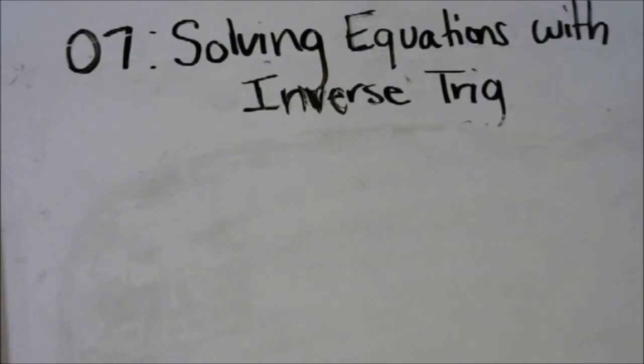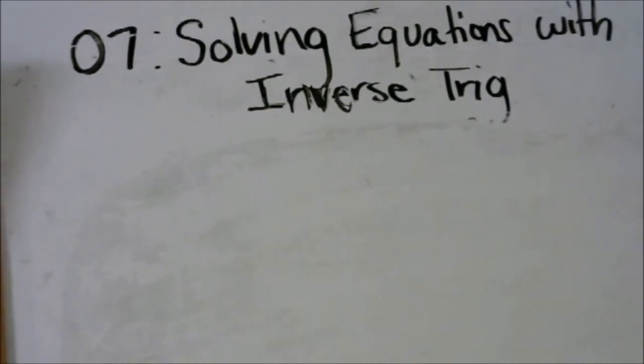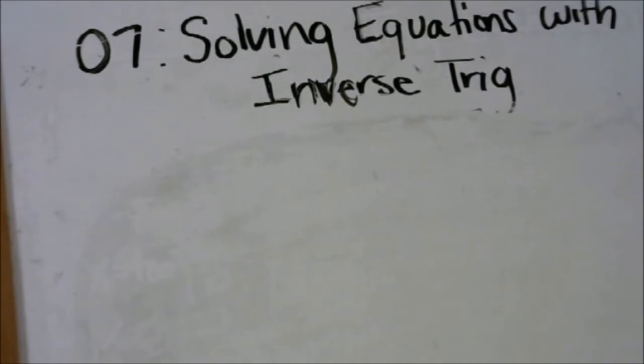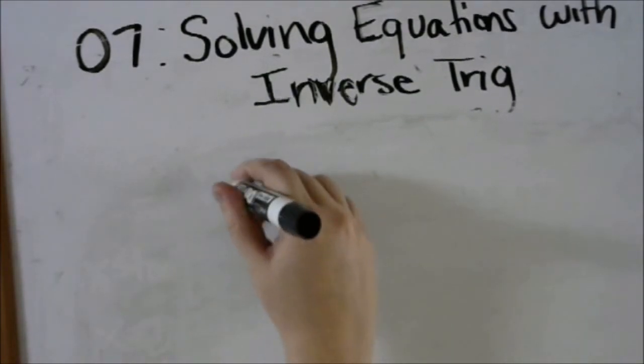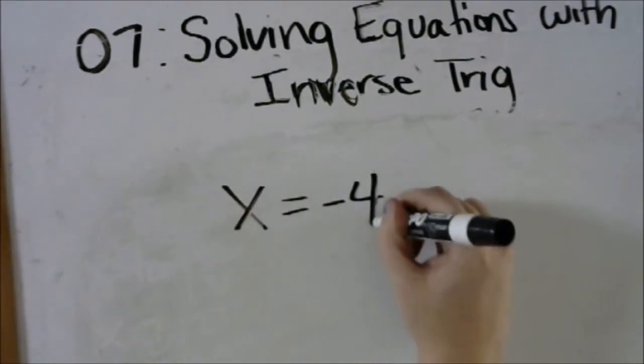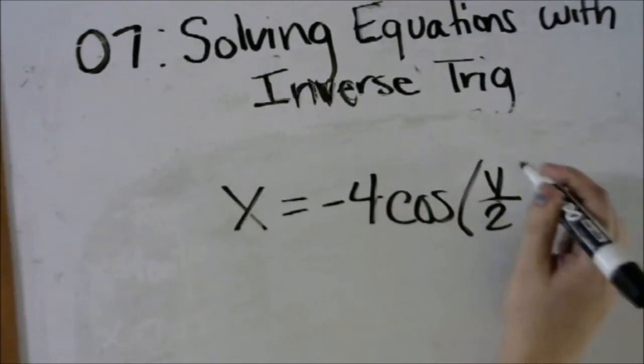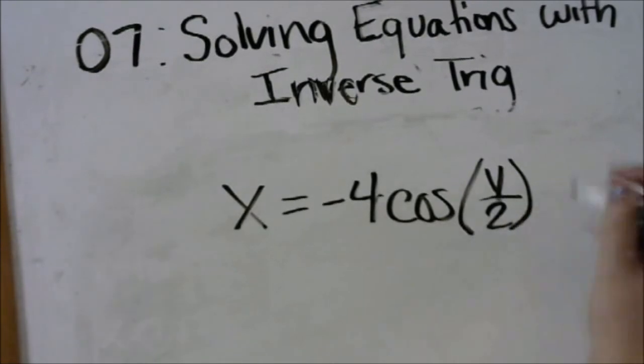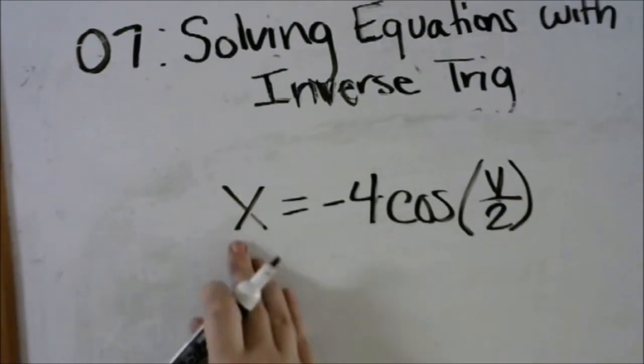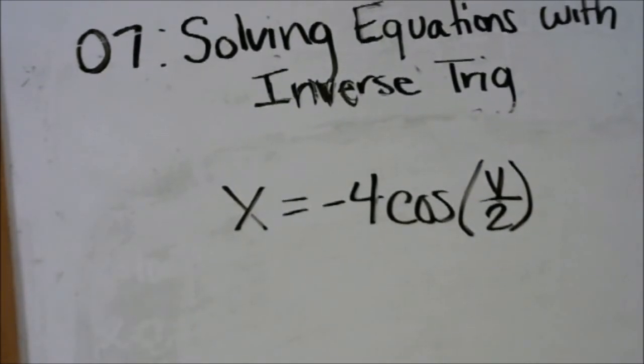For this last example, we're going to complete an abstract equation where we're going to solve, but we can't solve using our graphing calculator because x is a variable and not a number.